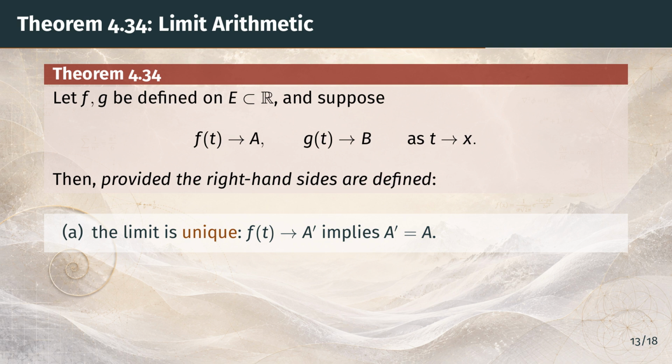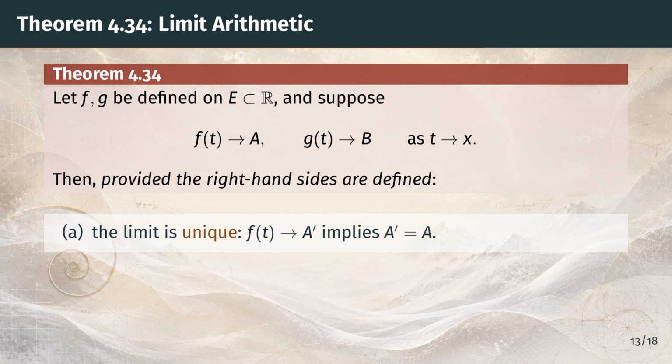Now the arithmetic. This is the analog of Theorem 4.4 from earlier in the chapter, and Rudin tells us the proof offers nothing new. So we focus on the statement. Suppose f of t tends to A, and g of t tends to B as t tends to x, where the values may now be infinite.